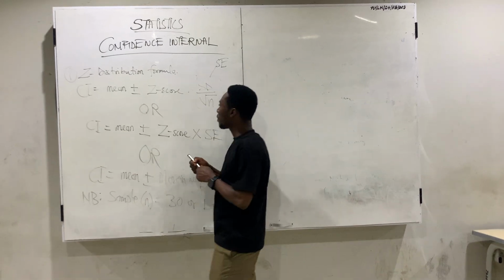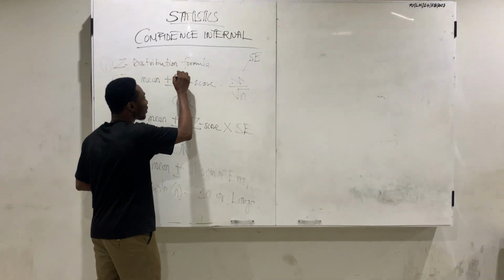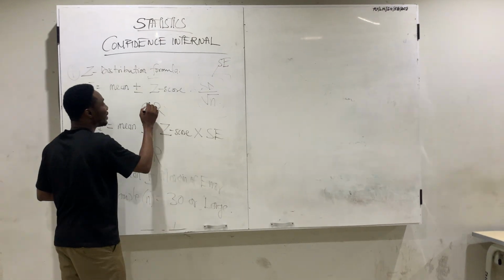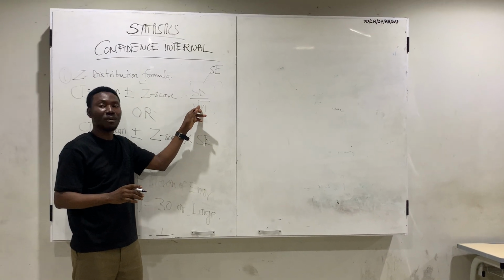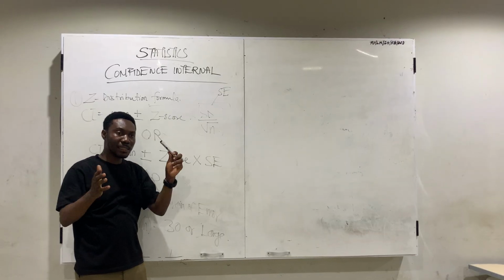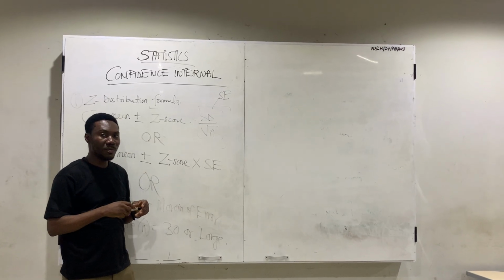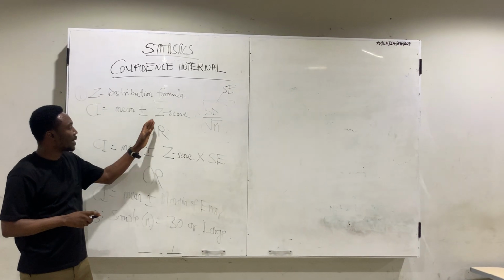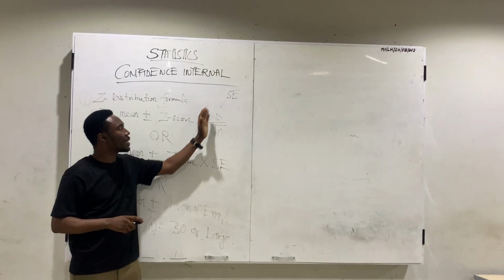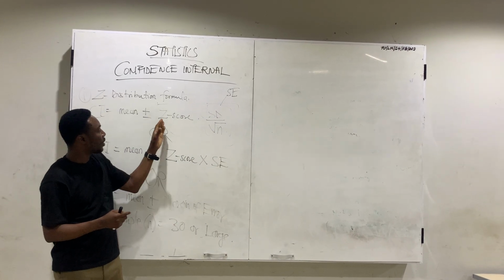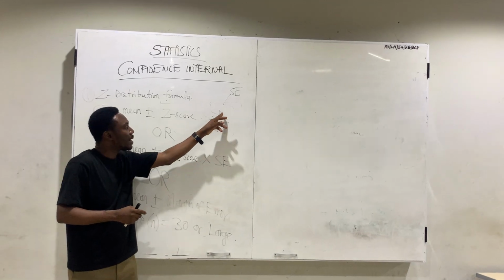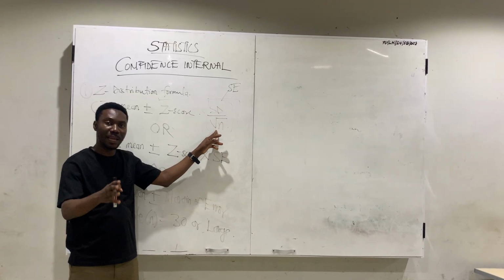Okay, now this part of the formula here, the Z score multiplied by standard deviation all over square root of n, we call it the margin of error. So when we say margin of error, it's the Z score multiplied by the standard error. Or margin of error is the Z score multiplied by standard deviation over square root of n.